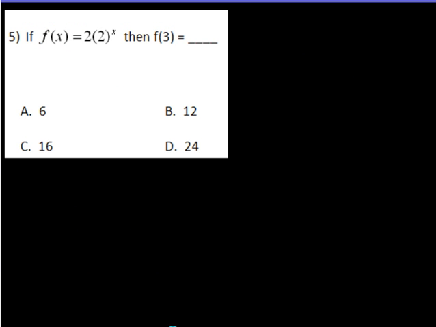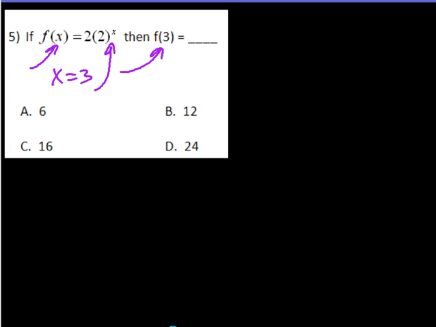If f of x equals 2 times 2 raised to the x, then f of 3. Okay, don't let this confuse you. You've done this many times. You just aren't quite as used to it using the function notation. So f of 3, right, it's f of x, x equals 3. Put 3 in for x in the equation and then simplify.